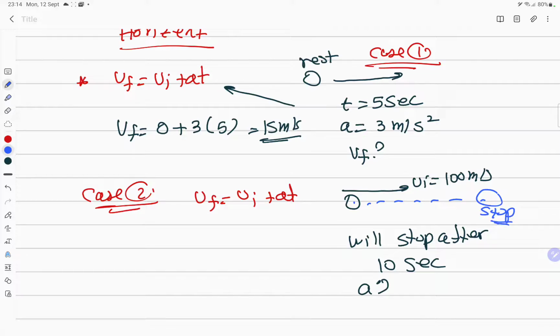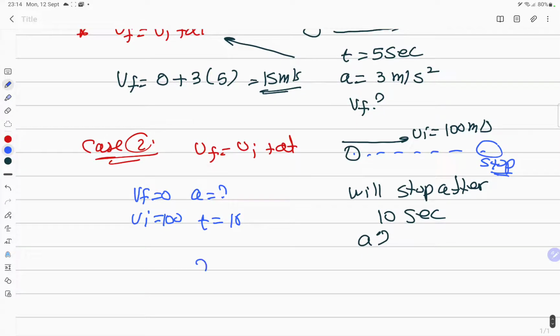لما نحكي stop معناته v final is equal 0, v initial is equal 100, acceleration I don't know, the time is equal at dash 10 seconds. So okay, so in the place of v final 0, v initial 100 plus the acceleration times what? What's the time? 10. So in this case, negative 100 is equal a times 10.